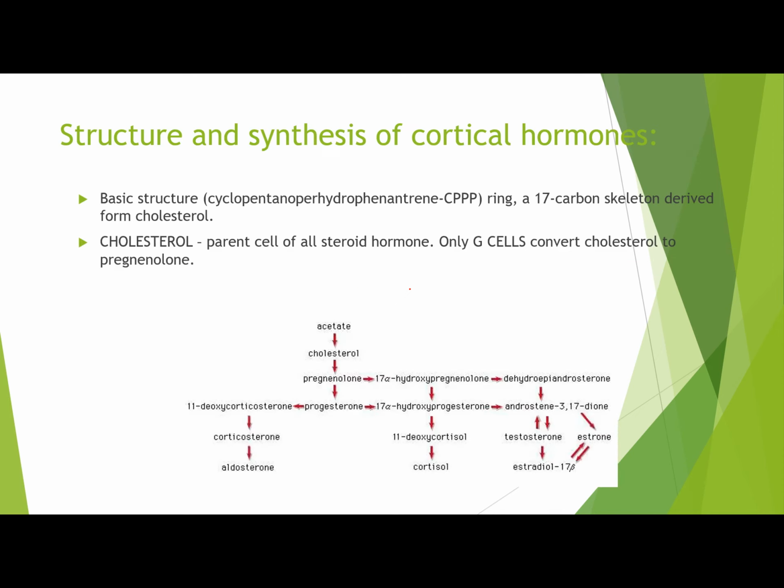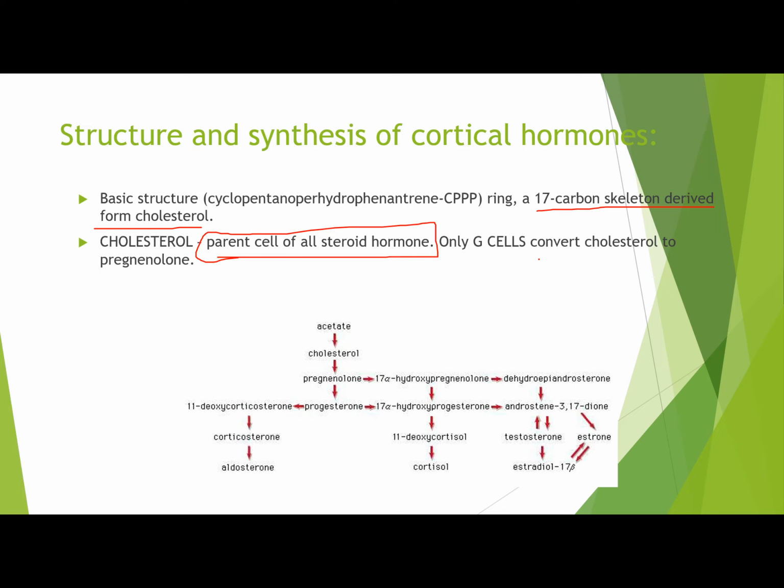Now, the basic structure of your cortical hormones class is your CPP or the cyclopentano perhydrophenanthrene ring. This is a 17 carbon skeleton derived form of cholesterol. So cholesterol is the parent cell of all steroid hormone.